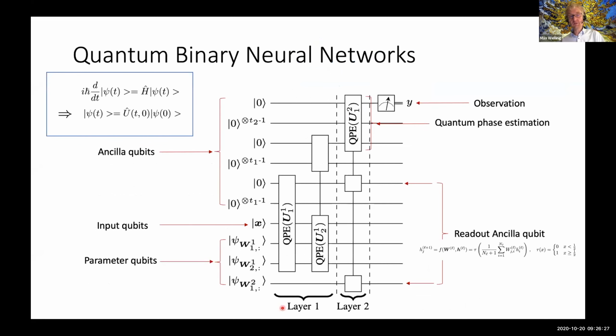Okay, so how do we use that to define a quantum binary neural net? Here we have our Schrödinger equation, but now it acts on this tensor product of bits, right? So now the input state is no longer just a function of x. In this case, we think of binary inputs, but it is a specification for the value of every bit in an image, let's say, on a plane.